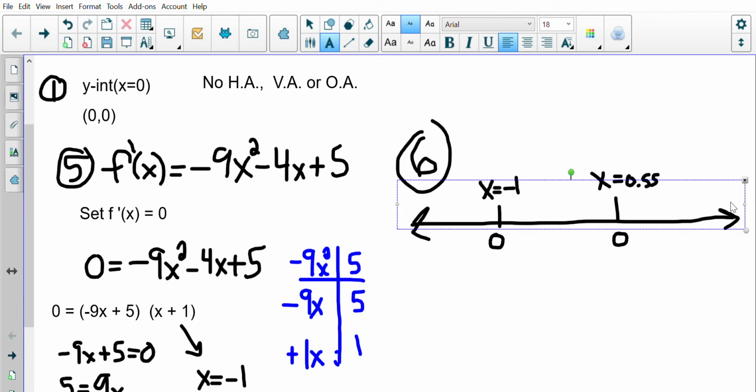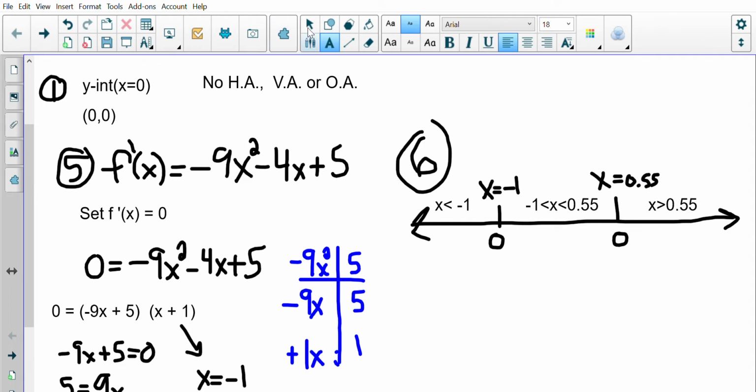All right, now we have to check out 3 different intervals. I'm going to be looking at when x is less than -1 in my derivative. I also have to look between -1 and that 0.55. And so there we go. So there's our 3 intervals.